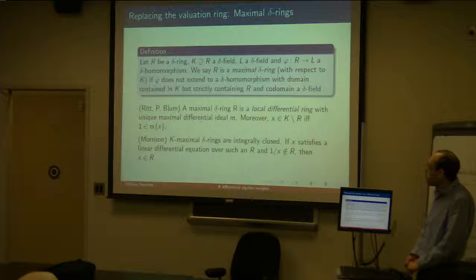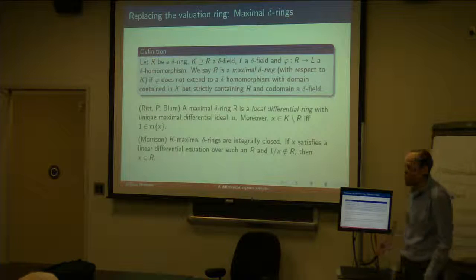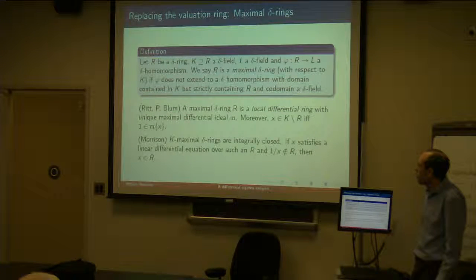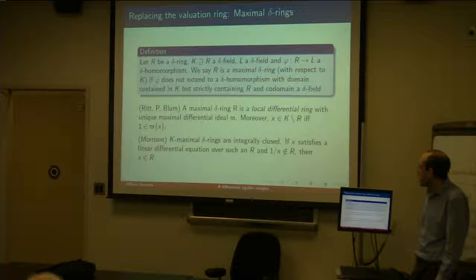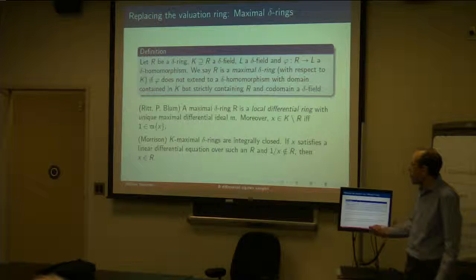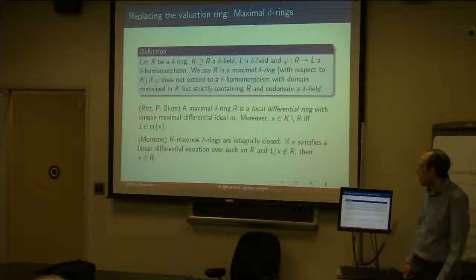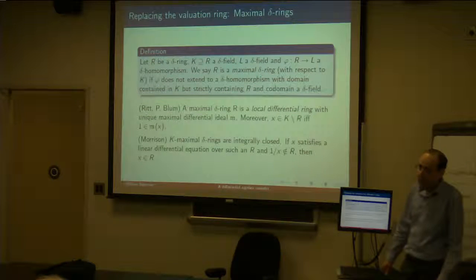Another fact that will come into play, and is useful for looking at these sorts of examples, is that these maximal delta rings are integrally closed. And Morrison also showed that if you have an element of this delta field K over this maximal differential ring, and it satisfies a linear differential equation, and its reciprocal is not in the ring, then it itself is.